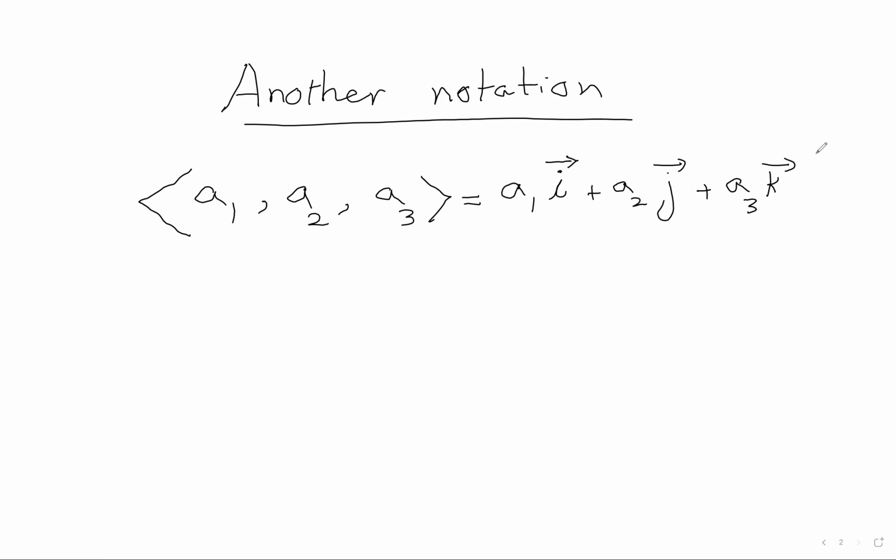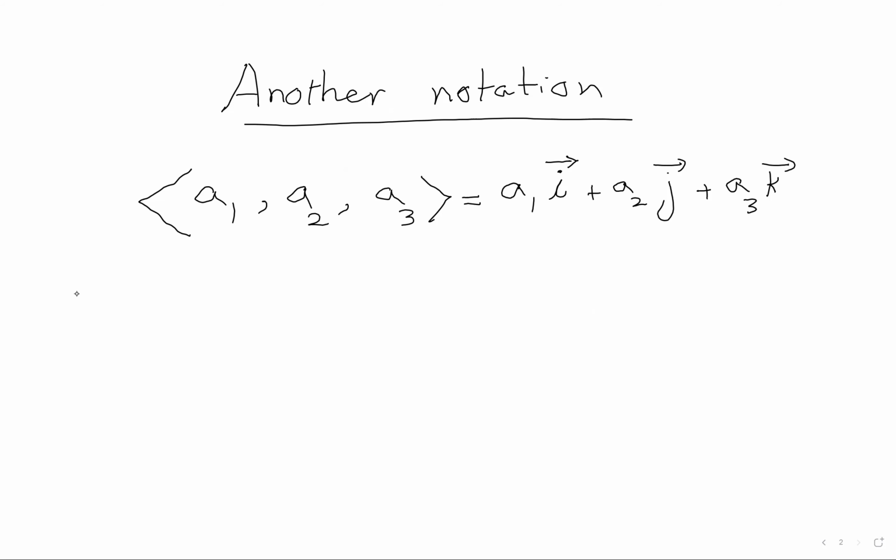In R2, I was what? The vector starting from the origin, ending at 1, 0. But here, this I means starting from 0, 0, 0 and terminating at 1, 0, 0, because everything should be denoted by three coordinates.